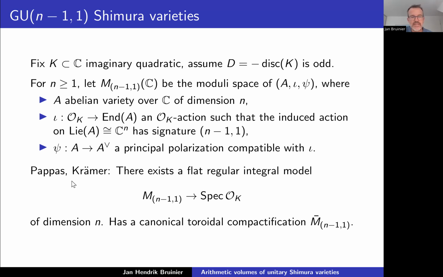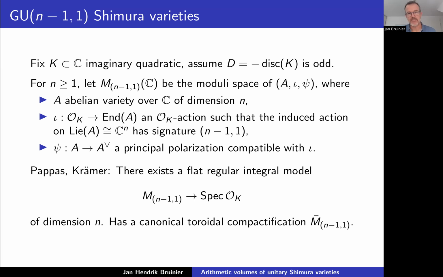So for instance, there's work by Pappas and Kraemer who show that there exists a regular integral model over the ring of integers of our imaginary quadratic field, over O_K. This is flat and regular. It has total dimension n. And also it has a canonical toroidal compactification, which I denote by M bar.